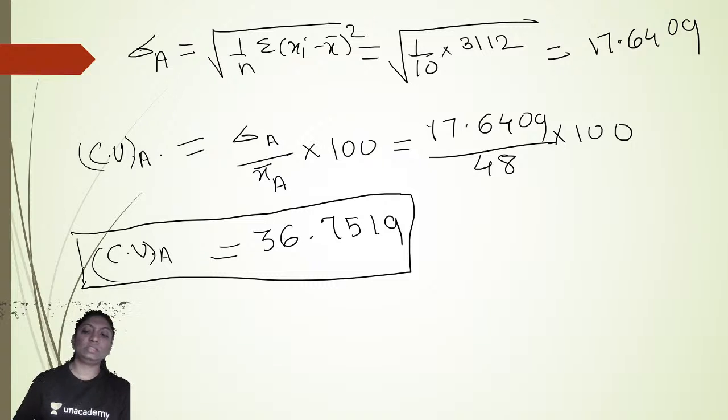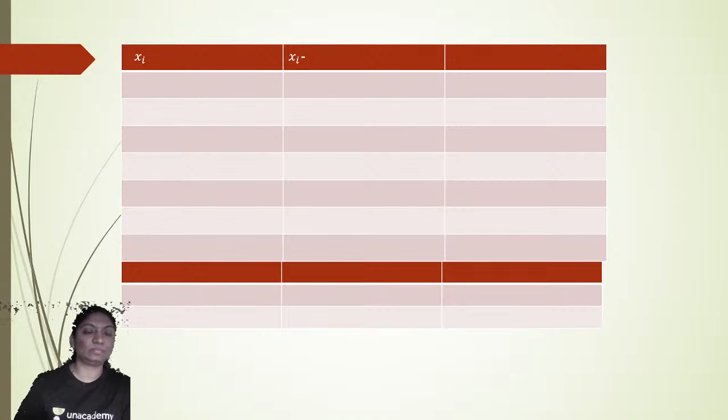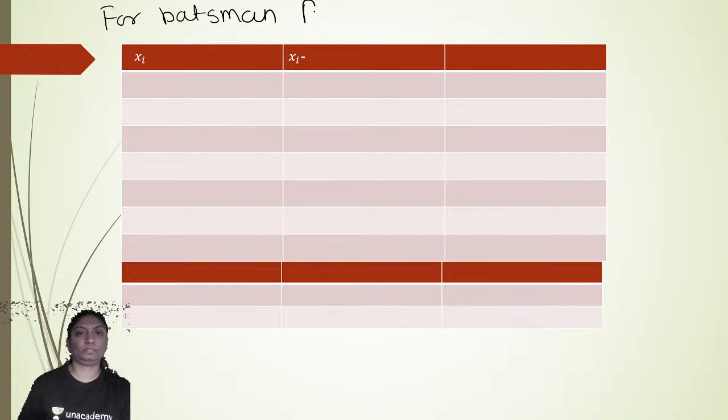Similarly, we can calculate the coefficient of variation for batsman B. Okay. For batsman B, values क्या क्या है? xi.